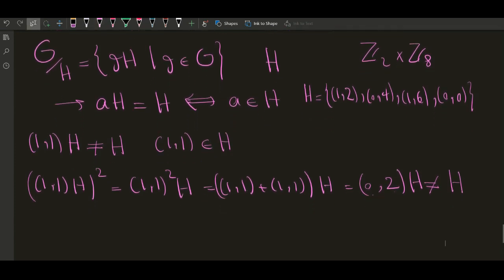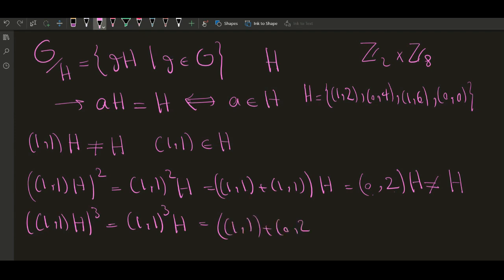Now we calculate this quotient to the third power. (1, 1)H to the third power is equal to (1, 1) to the third power H. Let's calculate (1, 1) to the third power: it is (1, 1) plus (0, 2). We add the first components mod 2, we get 1, and second components mod 8, we get 3.